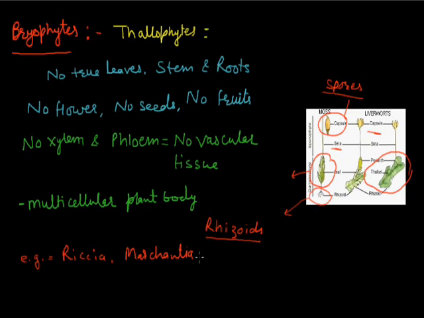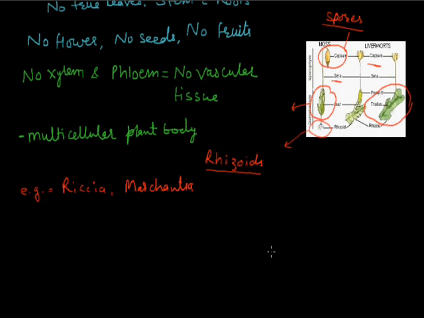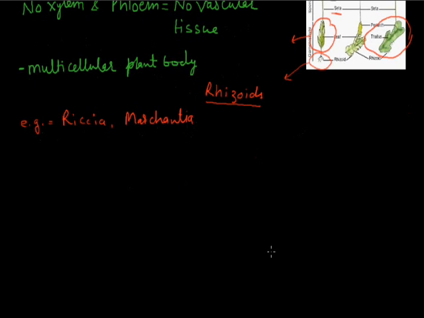So this is the group of plants we call the bryophytes. In this category, moss is also present. Moss is a bryophyte. We call it Funaria. It's called moss. It is also a bryophyte.